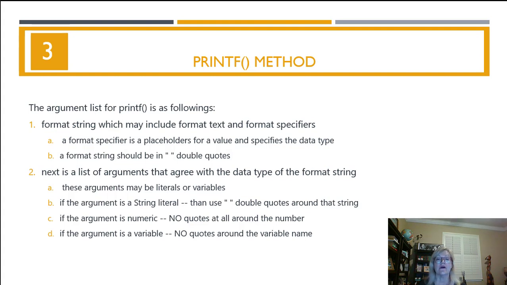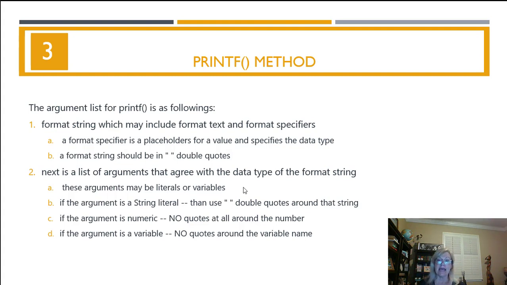The next set of arguments are the data that's going to be going into those format specifiers. So the format specifier is a placeholder, and then the next group of arguments drops into each placeholder. So if you have 3 placeholders in the first argument, then you're going to follow that first argument with 3 additional arguments. That's the data going into the placeholders.